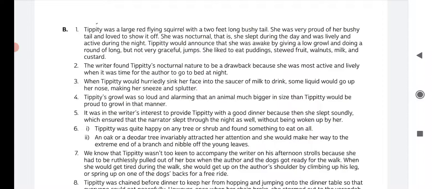She was nocturnal, that means she slept during the day and was lively and active during the night. Tippity would announce that she was awake by giving a low growl and doing a round of long, but not very graceful jumps. She liked to eat puddings, stewed fruits, walnuts, milk, and custard.